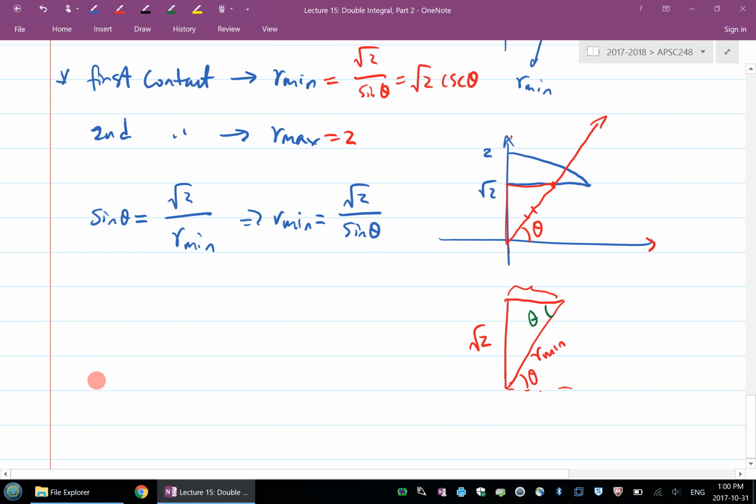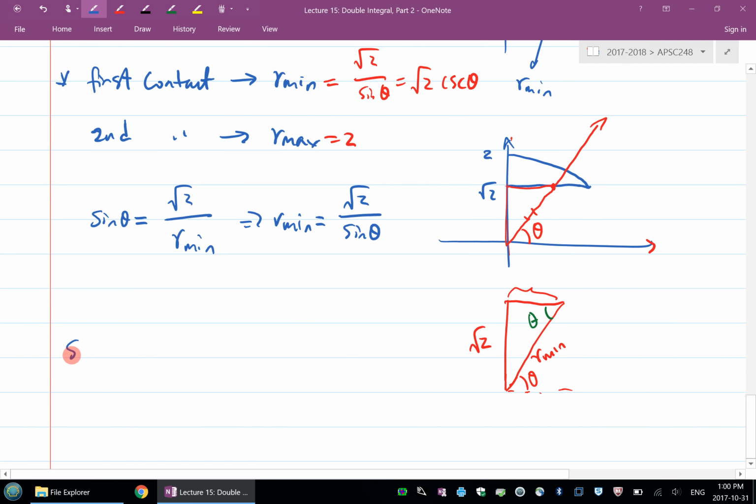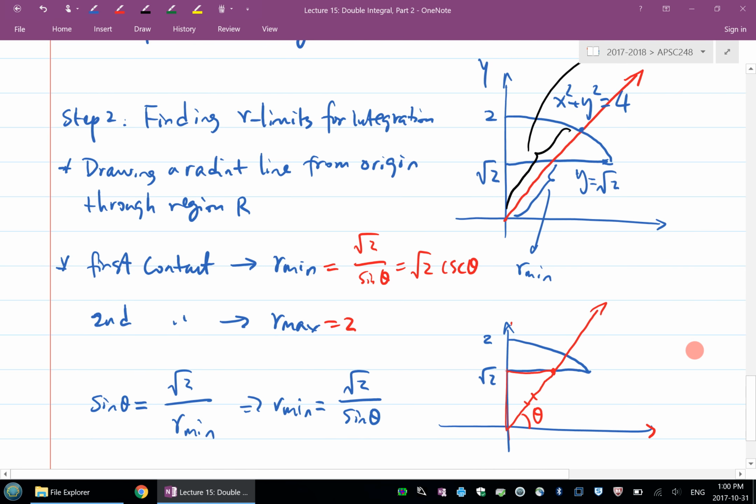So once we find the R limits, the next step will be the theta limits. For the theta limits, you need to go back to the original drawing here. This is the reading line we first created, right?